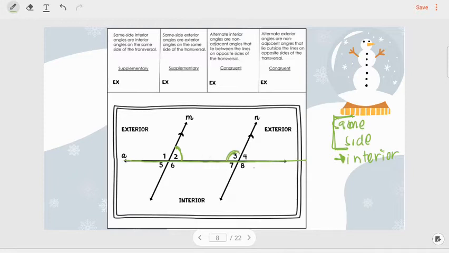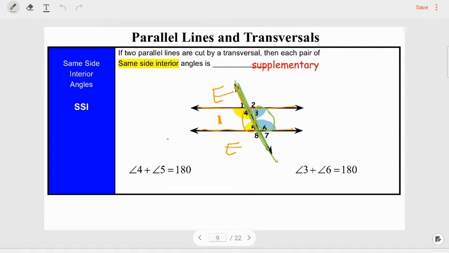So angle 2 and angle 3 are same side interior, and angle 6, I'm going to mark it with 2 angles because it's a different set of pairs, and angle 7 are same side interior. If I were to flip my diagram around, you'll see that this is the same. Okay, here's my line that cuts my parallel line in half. Same side of this. 4 is an interior angle, and it's matching same side as 5. And 3 is matching with 6.